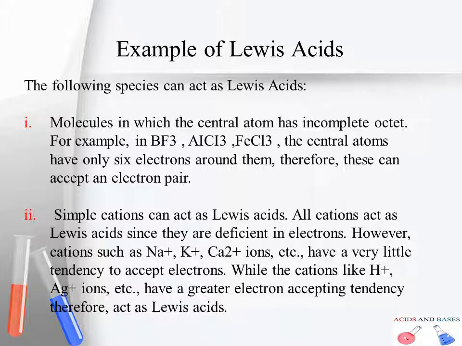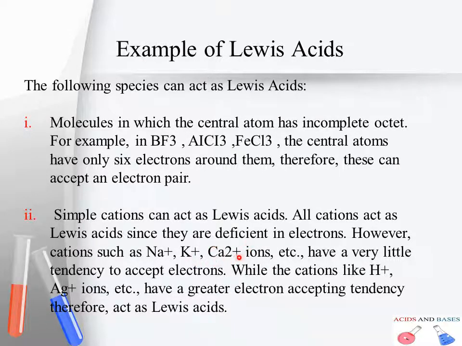Similarly, simple cations can act as Lewis acids, but all cations can never act as Lewis acids. Like if we talk about group number 1 and group number 2, lithium, sodium, potassium, rubidium, calcium, magnesium, all these elements belong to group number 1 and group number 2.